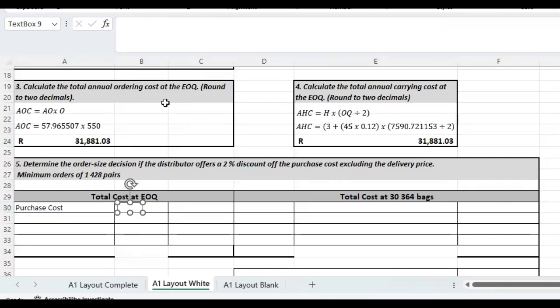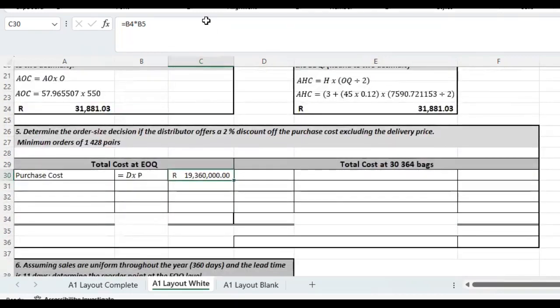It was calculated by saying the annual demand multiplied by the price at which we are acquiring it. That is just over 19 million. As far as our freight costs are concerned, well, it is the annual demand multiplied by that freight cost that was given to us. And of course, that is 440,000.